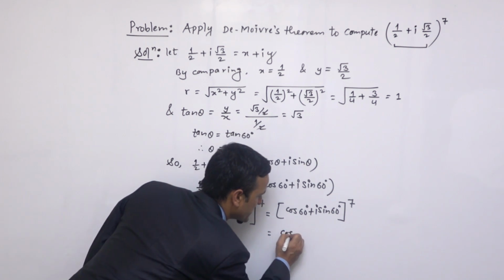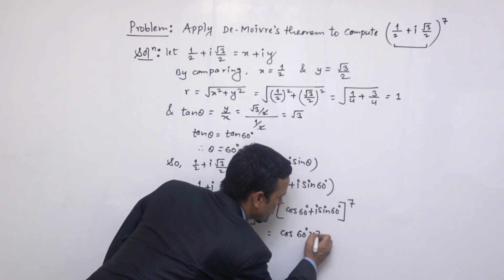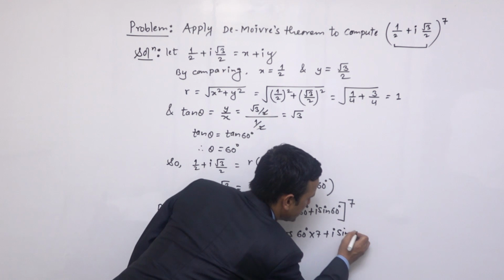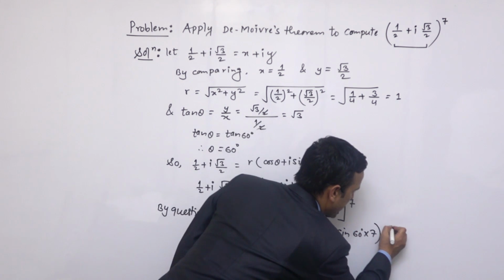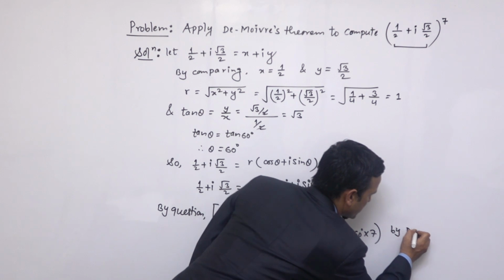So if you use de Moivre's theorem, it will be cos 60 into 7 plus i sin 60 degree into 7. So this is obtained by de Moivre's theorem.